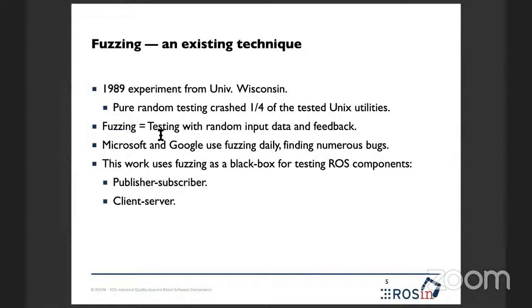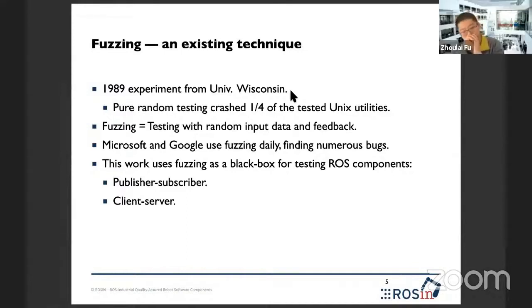Fuzzing was testing with pure random testing, but in addition to that, it is replaced with some feedback from the pure random testing. I'm going to explain this shortly.